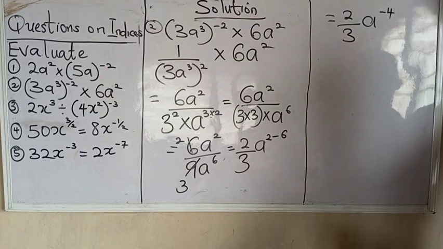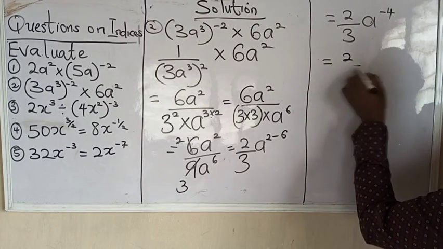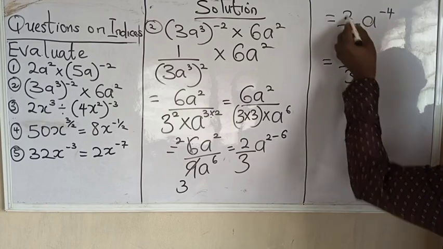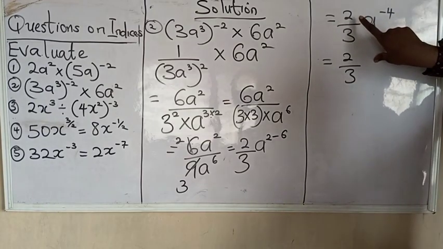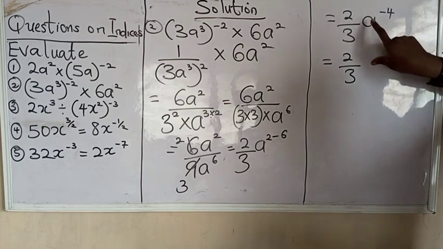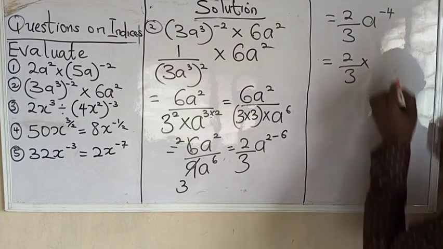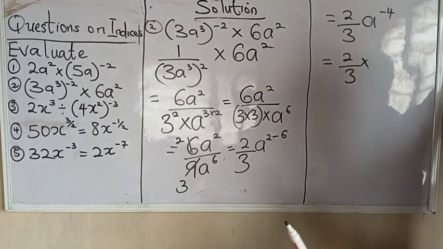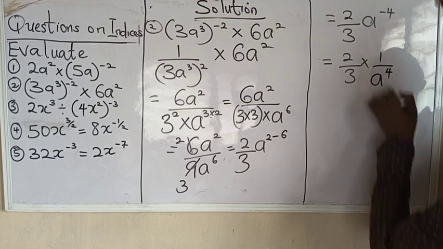And since we have something like this, we can round up by saying that 2 over 3a raised to power minus 4 can also mean 2 over 3 times a raised to power minus 4. So I can say times, because this is negative, we need to change it to positive, and I can say this is 1 over a raised to power 4.